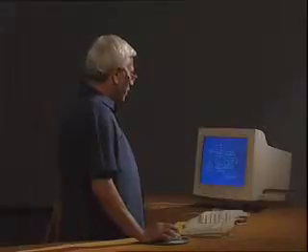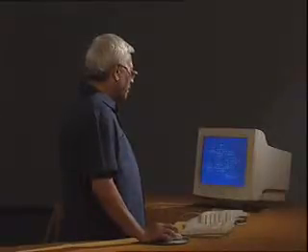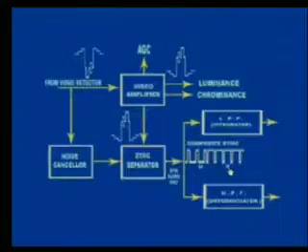Composite sync contains the horizontal and vertical sync components. Your horizontal and vertical oscillator may not accept the composite sync pulse.